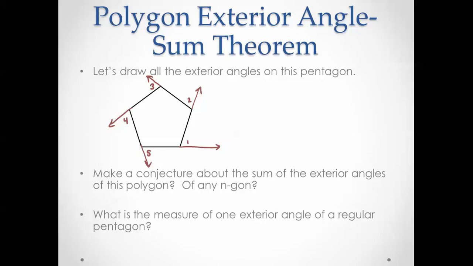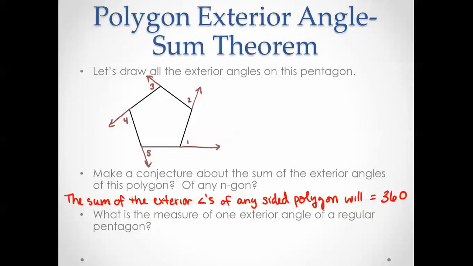It says make a conjecture about the sum of those 5 angles, or the sum of the exterior angles of any polygon. If I add angle 1, 2, 3, 4, and 5, it creates a full circle. So it's true that the sum of the exterior angles of any polygon, not just this pentagon, will equal 360 degrees.